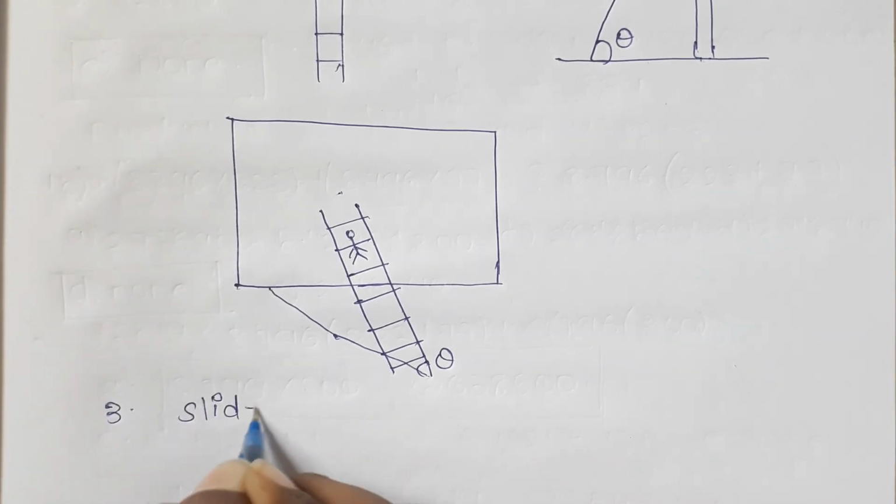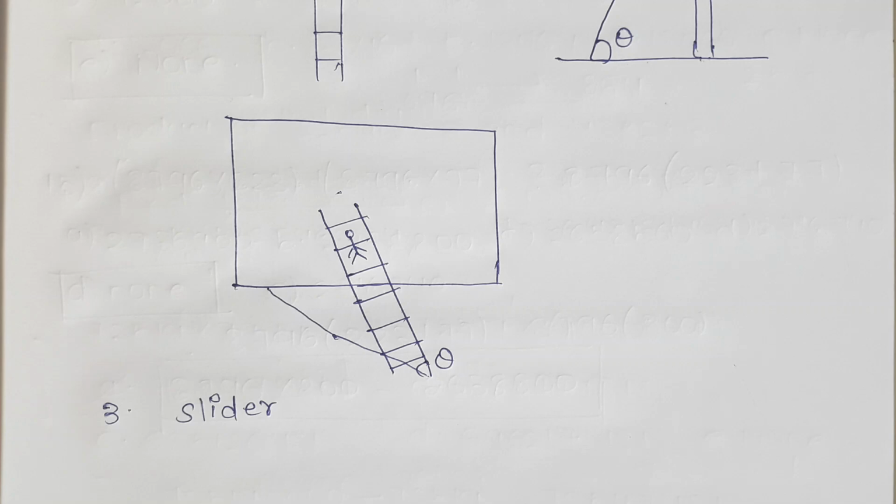And the next one is the slider. Nowadays in the playground we see many sliders, and mainly children like to slide on the slider, and when it is kept on the earth, it makes some defined angle. And what will happen if we change the angle of the slider?